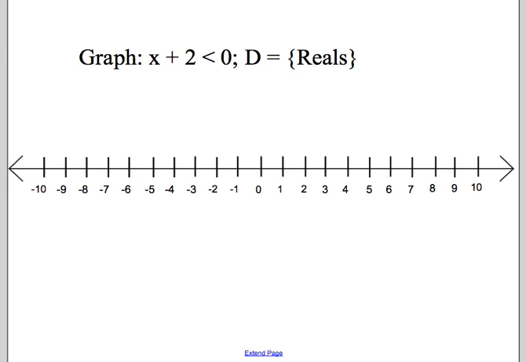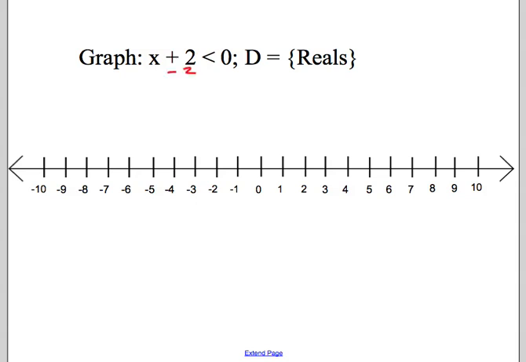All right, here we have a value with our variable. If this less than symbol was an equal sign instead, how would I solve for x? Dalton? Subtract 2. We're going to do the same thing with the inequality. We're going to solve for x.